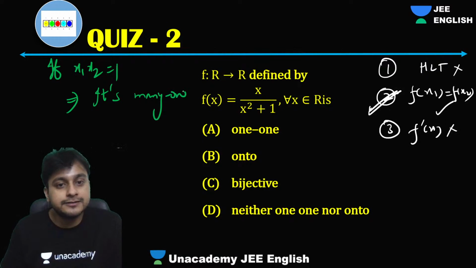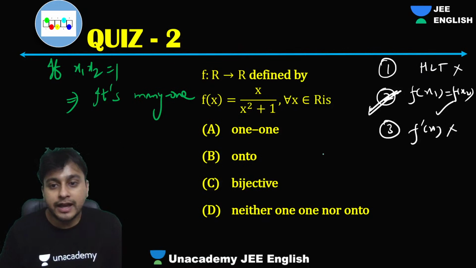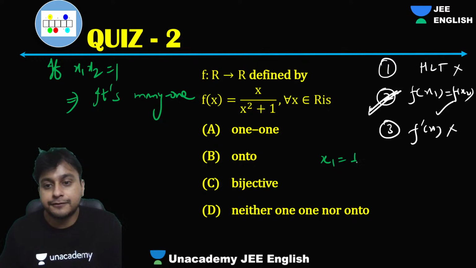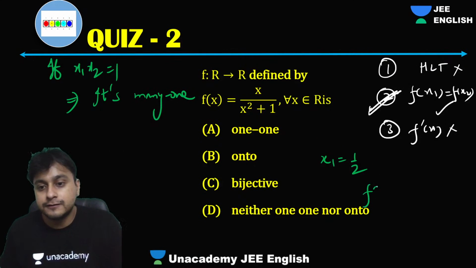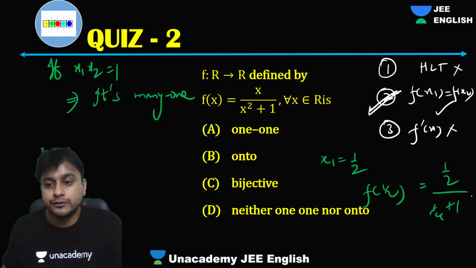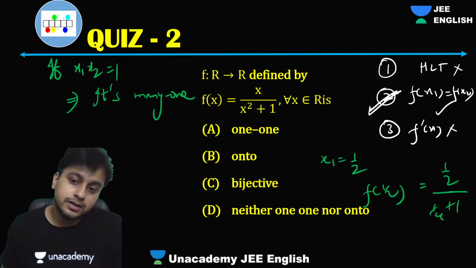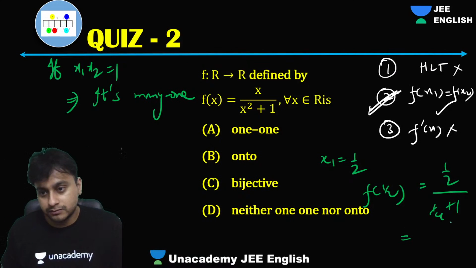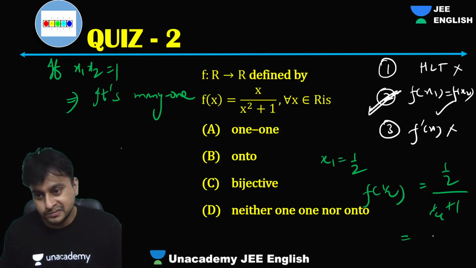So let's check it guys. Let's put x1 as half. So what are we getting? f of half is 1 by 2 divided by 1 by 4 plus 1. If you take the LCM, 4 will go up. You get 4 by 2 into 5. So we are getting 2 by 5.